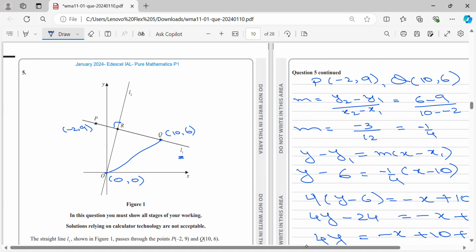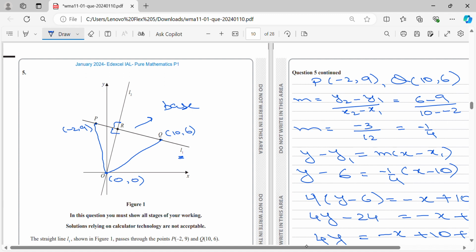It's a triangle OPQ. So I can see that PQ is the base of this triangle, and OR is the perpendicular distance, because this line is perpendicular to L1. So OR is the perpendicular and PQ is the base.